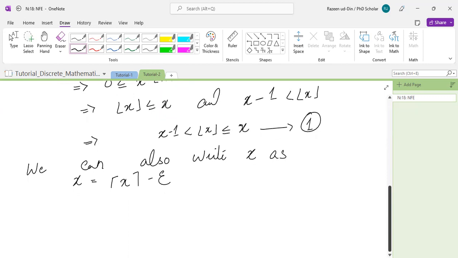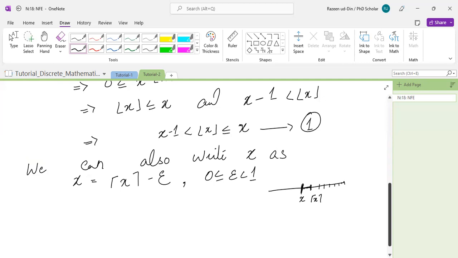Because we know that the ceiling of x, this is x, so the ceiling of x lies here, is the least integer from all the integers which are greater than or equal to x. And here epsilon is in between 0 and 1 too.